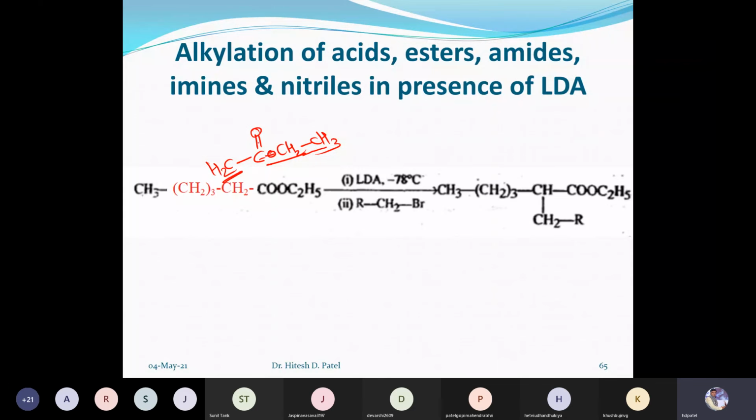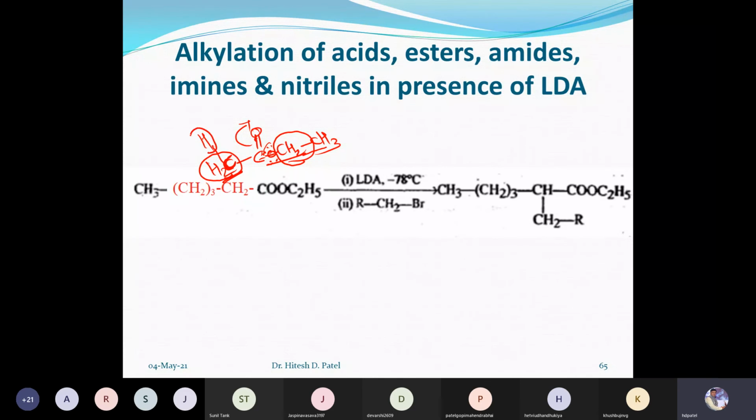What happens is, whenever this carbon pulls electrons, the oxygen having a lone pair of electrons transfers that lone pair onto this position. So there is a smaller effect on this CH2, but there is a maximum effect on the carbon directly attached to the carbonyl group, and as a result the hydrogen attached to this carbon becomes more acidic as compared to the OCH2.